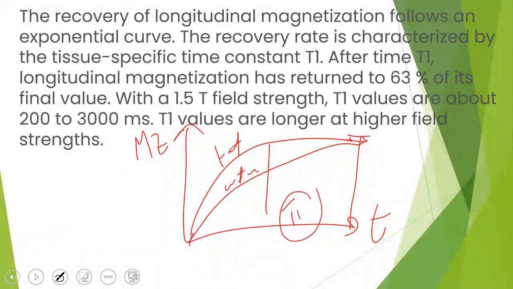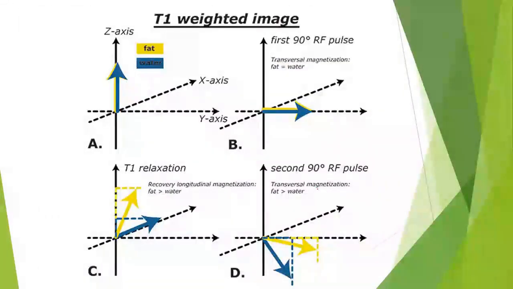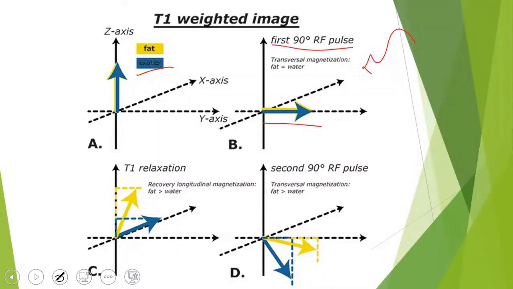All right, let's focus together. I am now looking at a case where there is fat and water. I applied the RF pulse, and both go into the transverse plane in the X and Y directions, right? Thus, the transverse behavior of fat and water is the same.